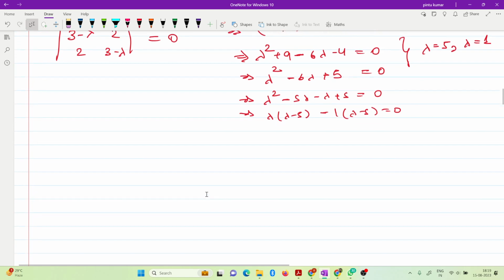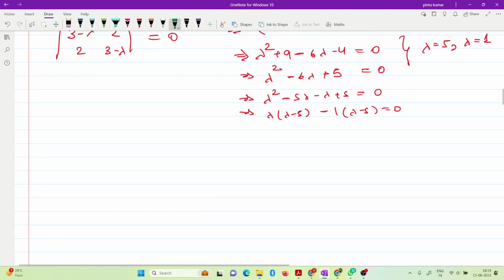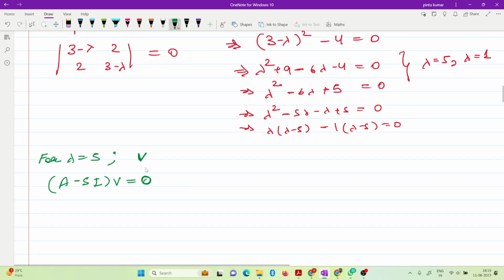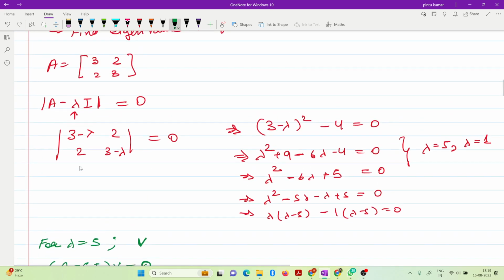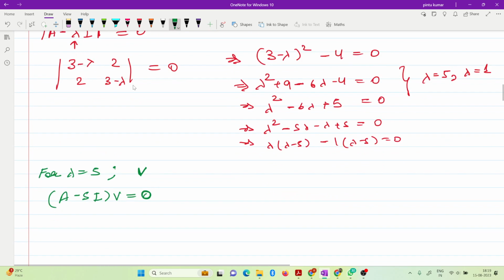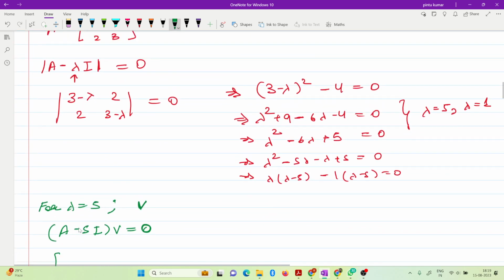So let's say we are trying to find the eigenvector for lambda is equal to 5. What is an eigenvector for lambda is equal to 5? It's a vector V satisfying (A minus 5I) times V is 0. So what was my A matrix? 3, 2, 2, 3. So what do I obtain?